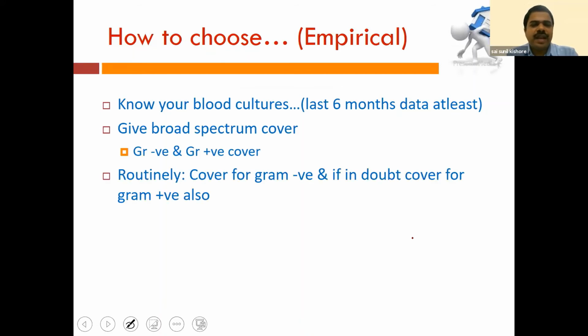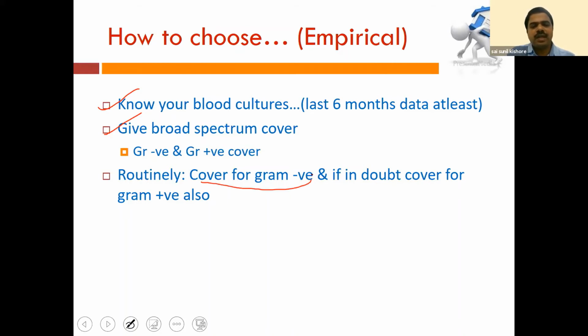To give antibiotics, these are some of the basic principles on which antibiotic to choose. I'll tell the basic principles for an empirical antibiotic policy, and also what antibiotics we use in our unit. It may be different in different units. Basically, we need to look at the blood cultures, at least the last 1 year or 6 months of data, and give broad spectrum cover, gram negative and gram positive, depending on the clinical scenario.